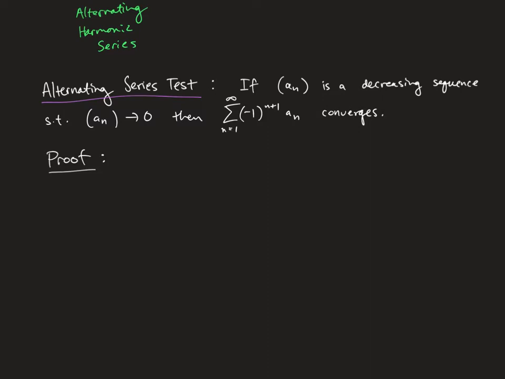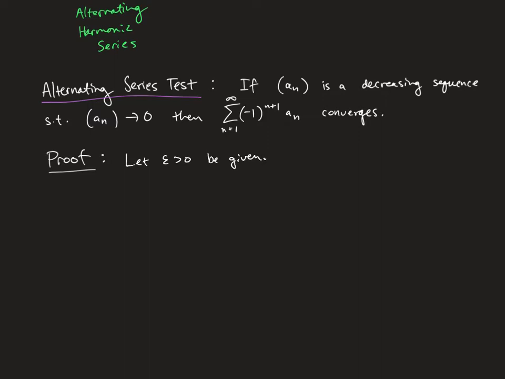All right, so what we'll do is show that the partial sums form a Cauchy sequence, so we'll apply the Cauchy criterion. So we let epsilon greater than 0 be given. To get an idea for how this is going to go, we're going to consider the difference.